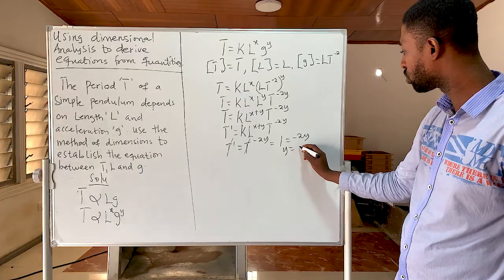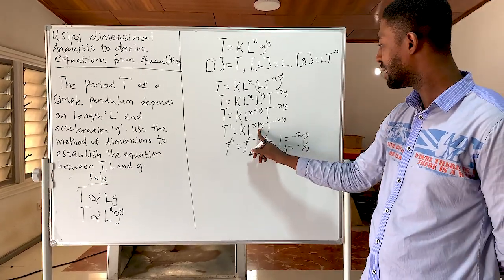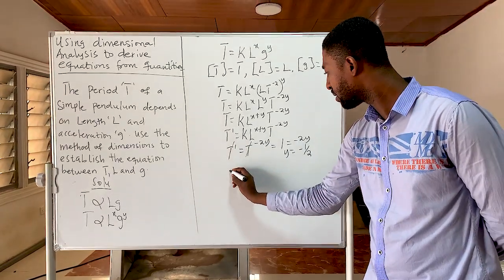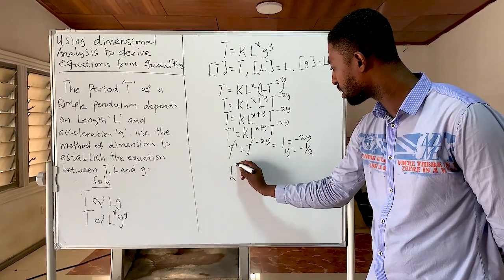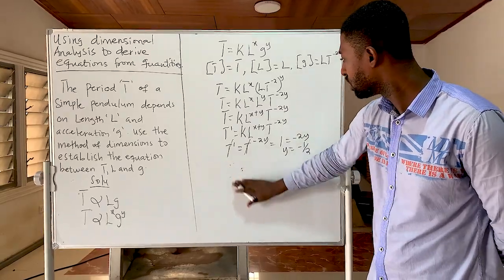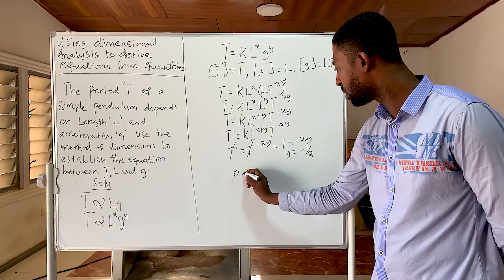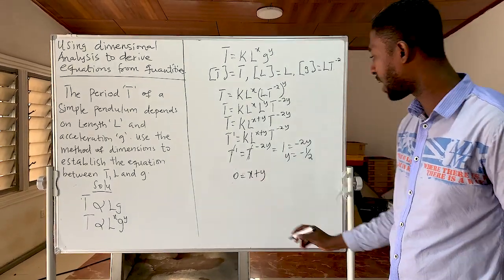Therefore, y is equal to minus 1 over 2. Then there's no L variable on the left hand side, so it's L^0. There's no L variable here, so 0 is equal to x plus y.